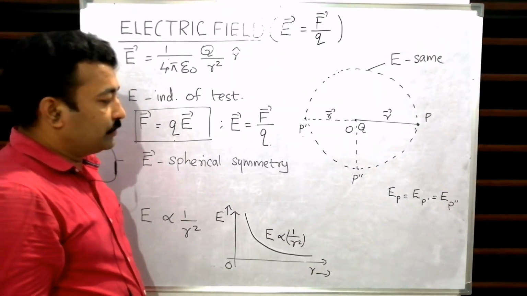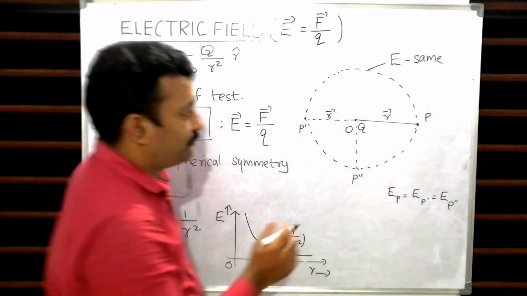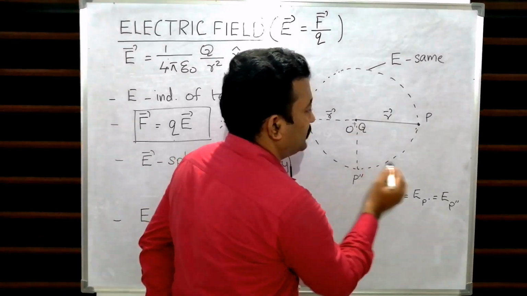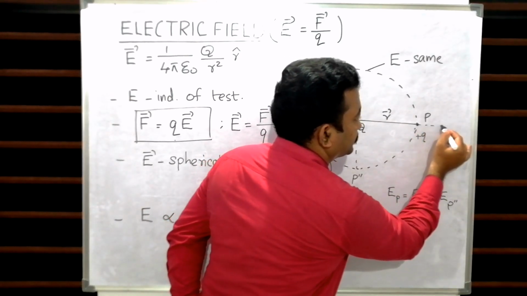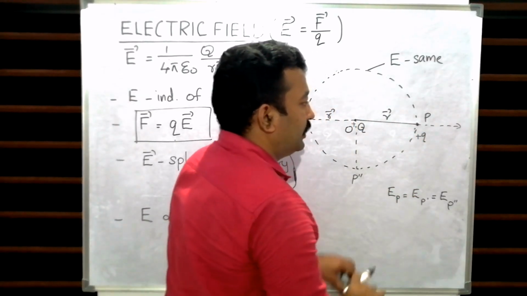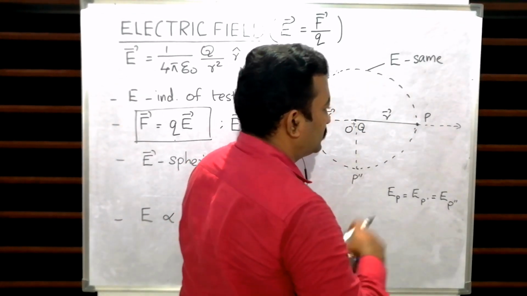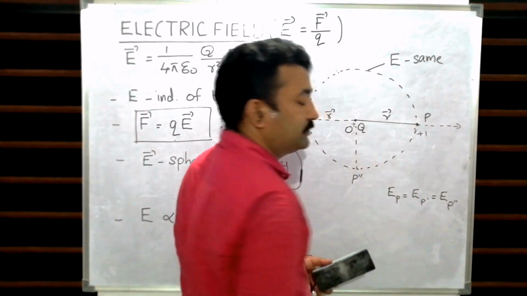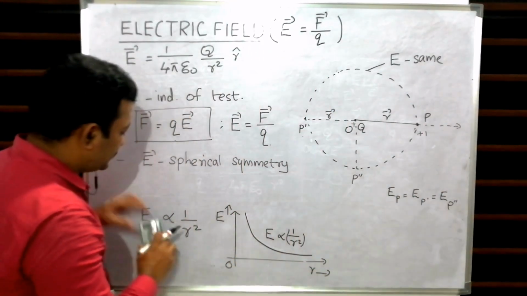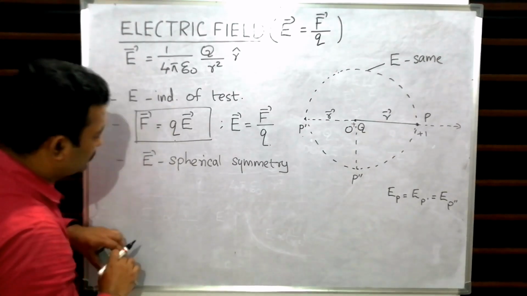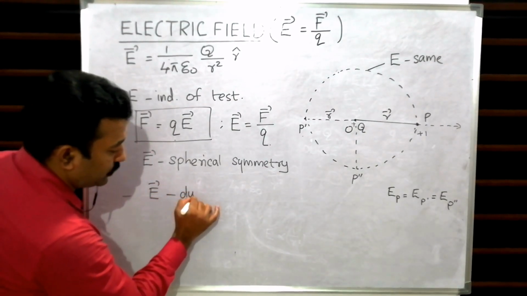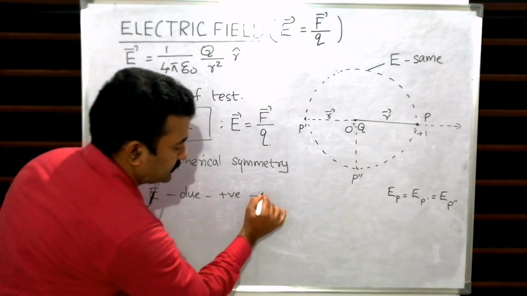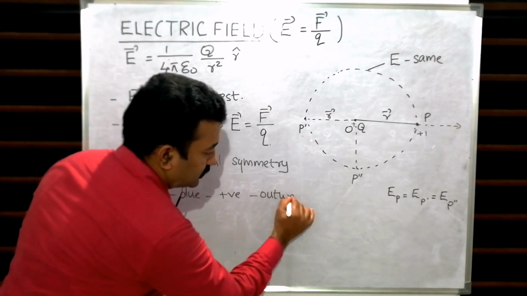Now the other question is, if I place a plus q charge over here, a plus q is experiencing a repulsive force. If this is plus 1, that is also a repulsive force. Or I can say that the electric field due to a positive charge is outward.